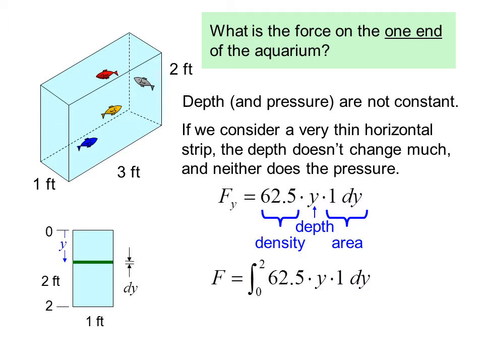The total force then, added from 0 to 2, is the integral from 0 to 2 of 62.5 times y times 1 dy, which comes to 62.5 over 2 y squared, evaluated from 0 to 2, or 125 pounds.